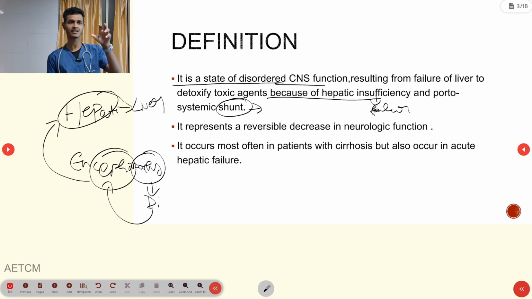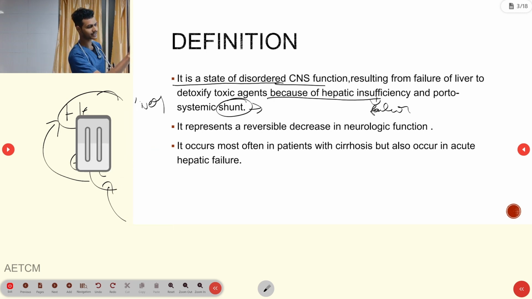Systemic denotes our inferior vena cava, superior vena cava, the normal circulation. So whenever an abnormal connection happens between the portal and the systemic circulation, that causes a portosystemic shunt.